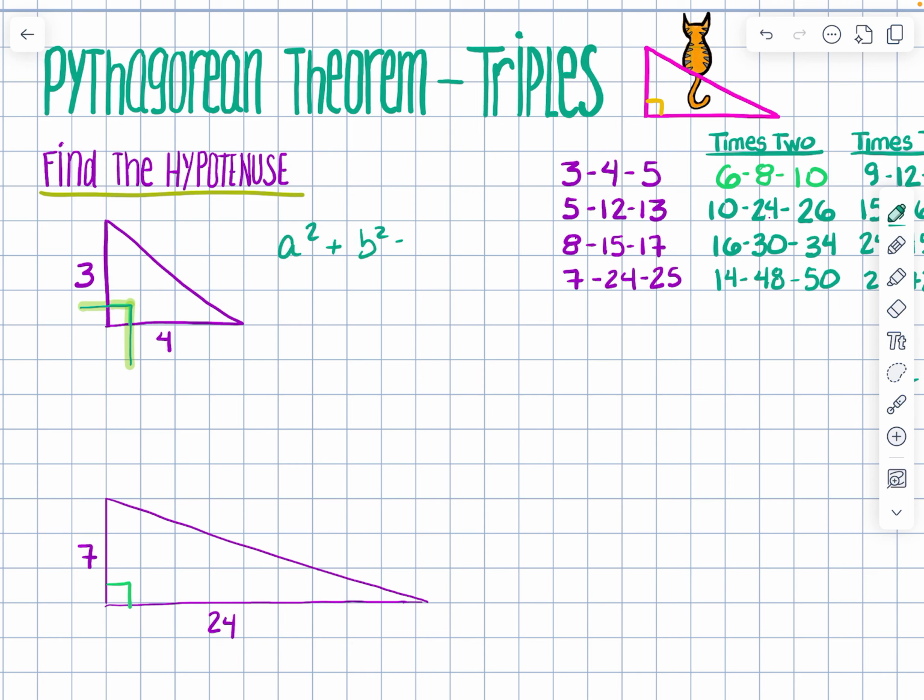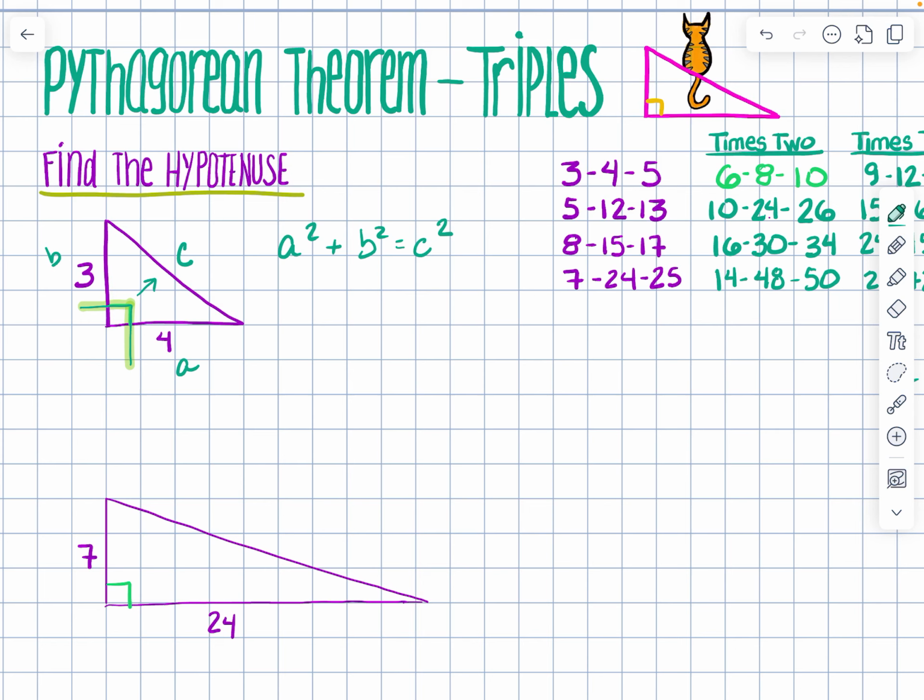A squared plus b squared equals c squared. And I'm going to label a as 4 and b as 3. And then again, this points to the hypotenuse, so I know this is the longest side, c. And let's go ahead and plug it in.